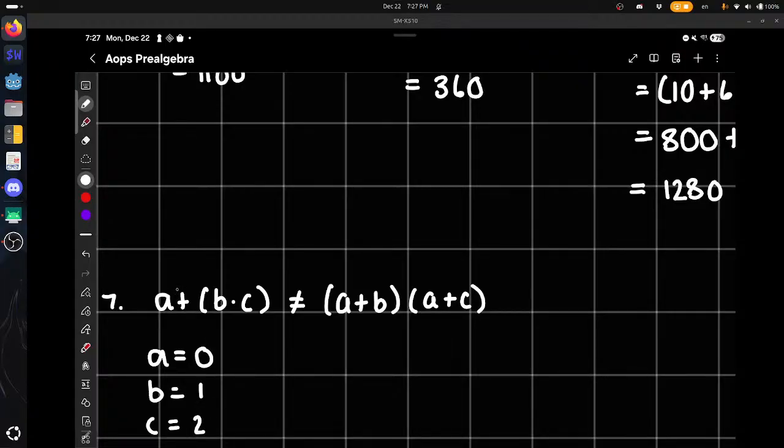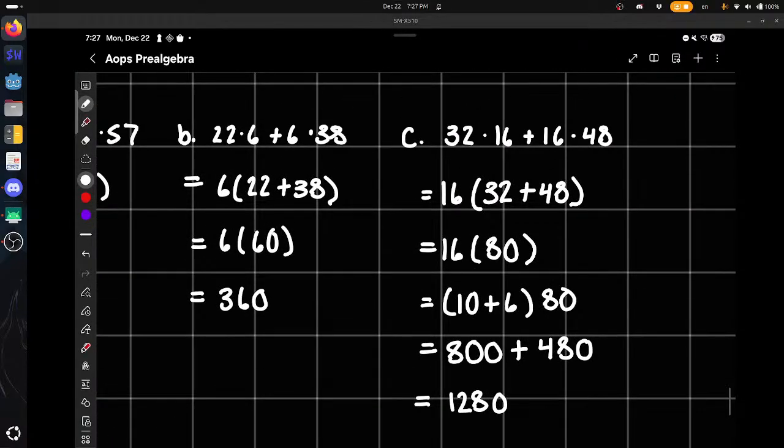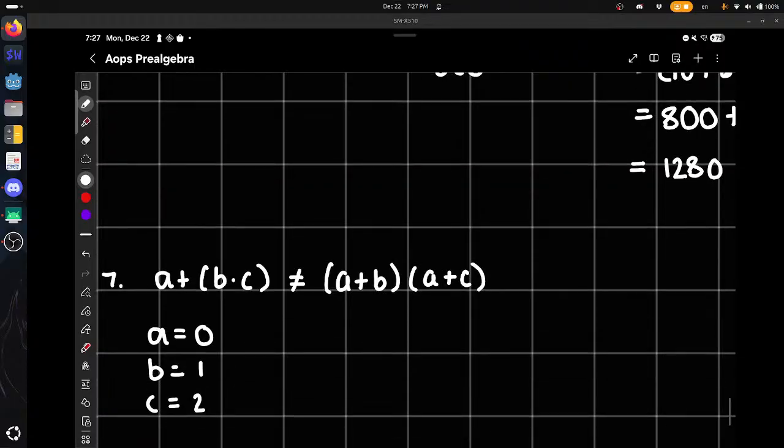Because that's 0. Wait. Yeah, this is 0. And this can be 1, 2. That's 2. No, I think that statement is still true.